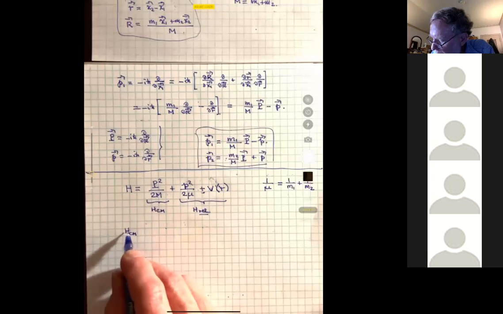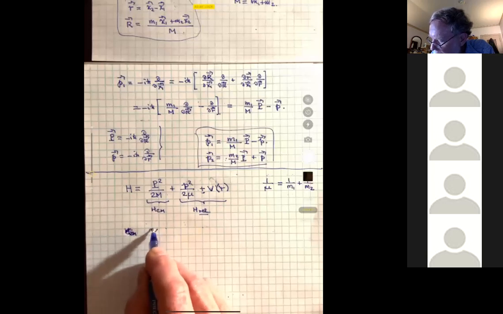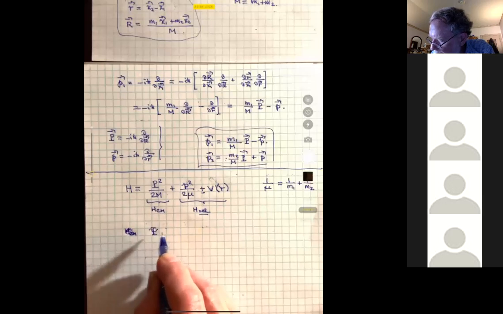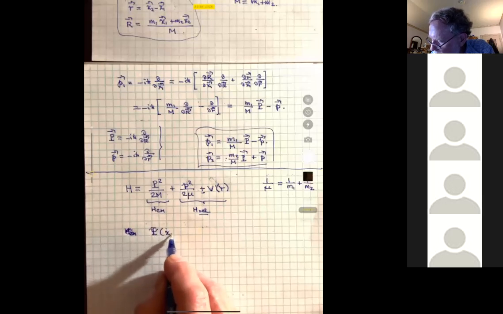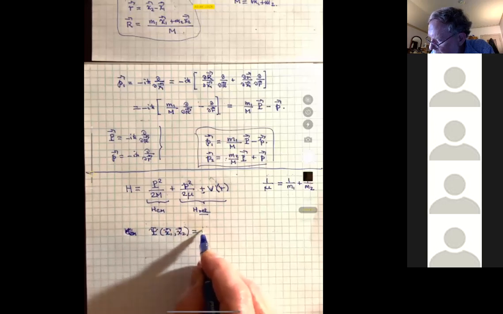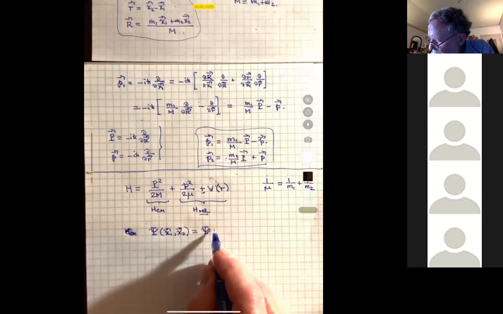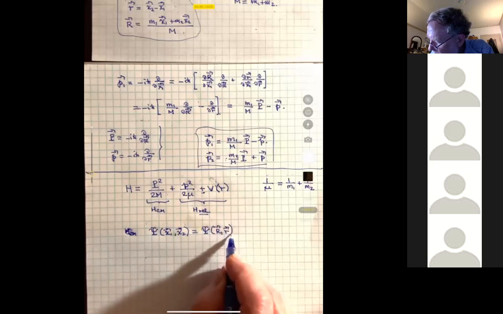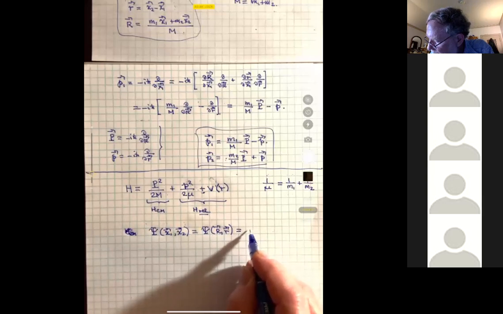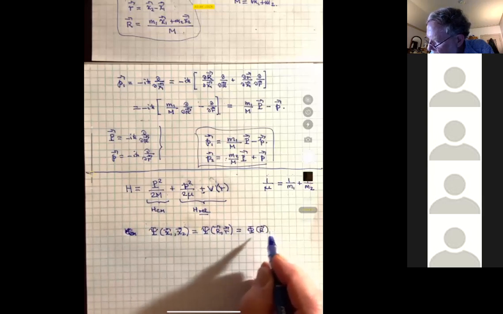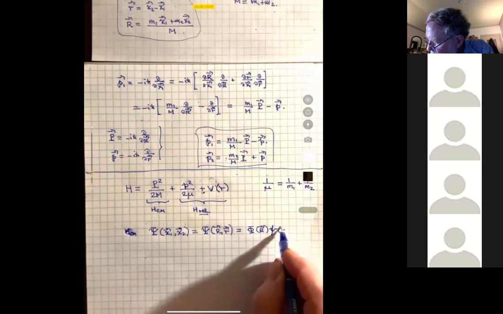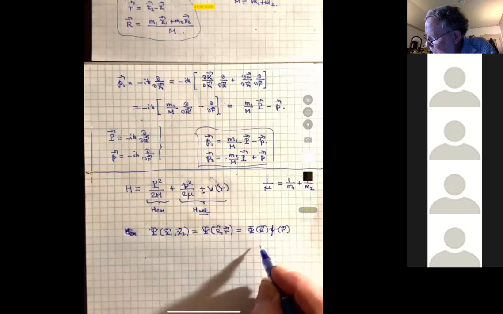So here's the idea: we let the wave function for the whole system, let's call it capital Psi. This depends originally on the two coordinates of the two particles, x1 and x2. Let's re-express this in terms of center of mass and relative coordinates and write it as capital Psi of big R and small r. And then let's assume that this can be factored into a wave function of big R, which I'll call capital Phi, times another wave function of small r that I'll call lowercase psi.